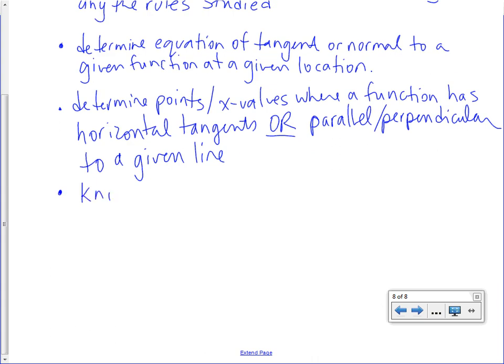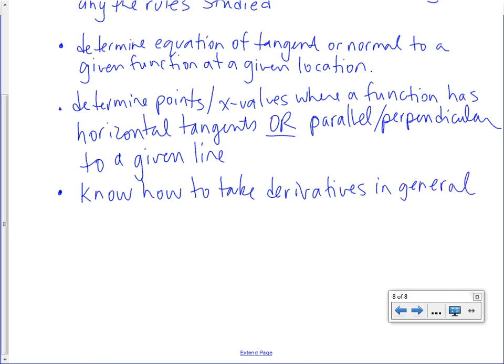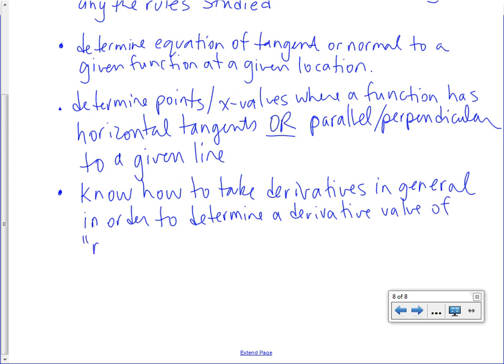And then, know how to take derivatives in general in order to determine a derivative value of mystery functions.